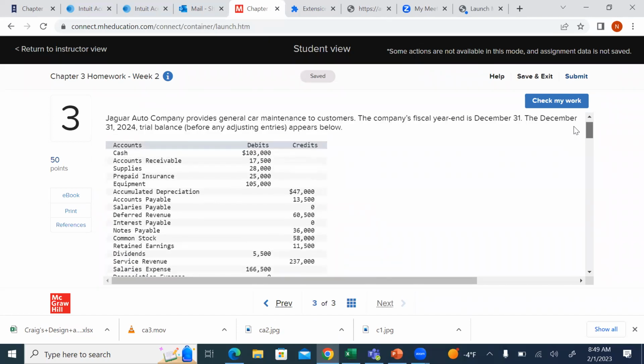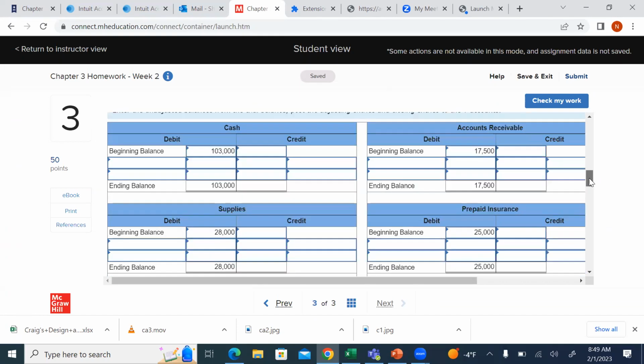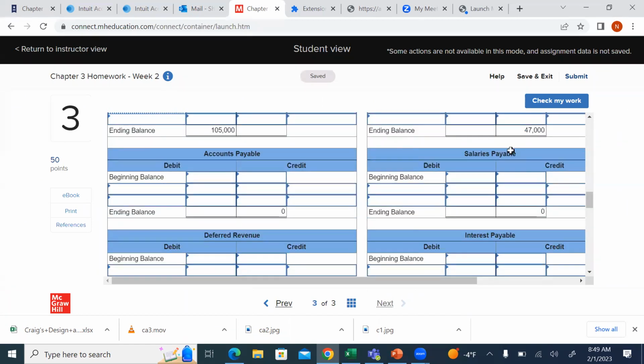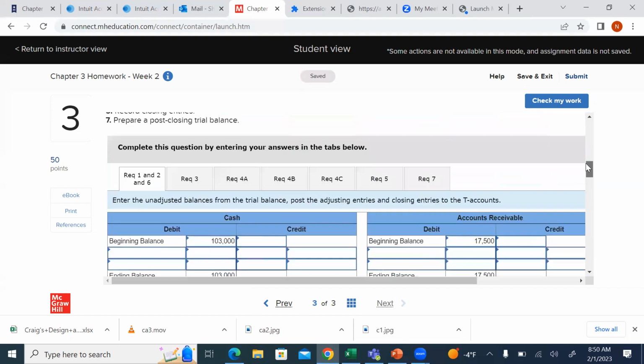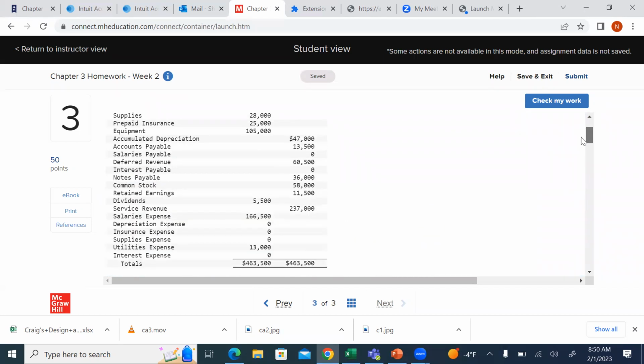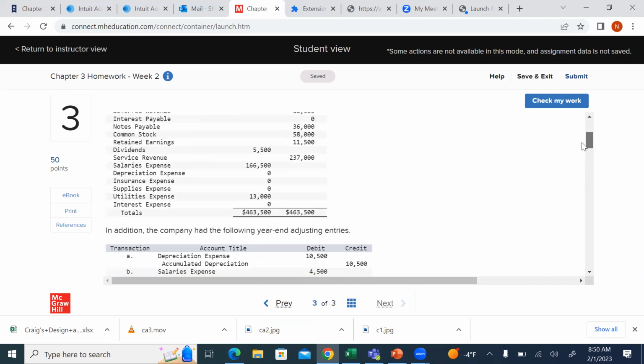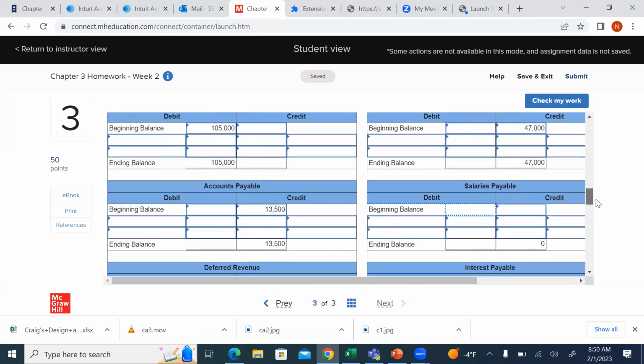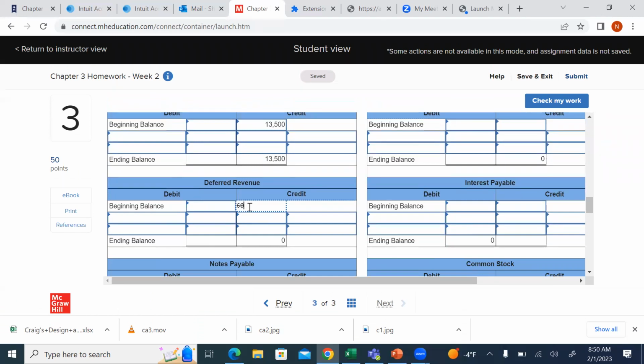Next, accounts payable, 13,500 credit. Next, deferred revenue, 60,500. Now I skipped over salaries payable because it's a zero balance in the unadjusted trial balance, but we'll have an adjustment for that.